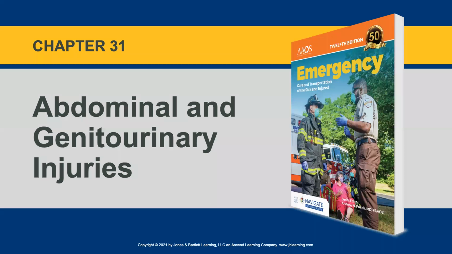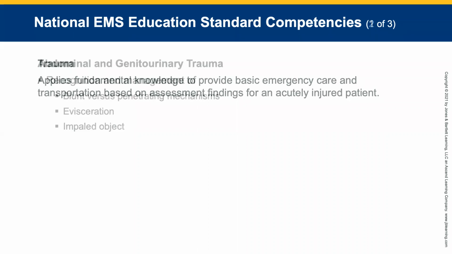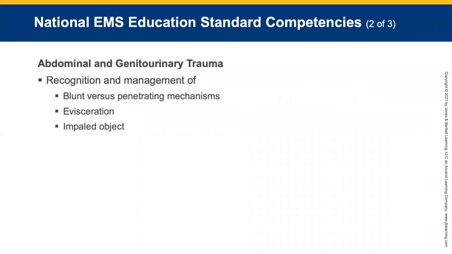All right, so we're going to delve off into this. We talked about this before. Trauma applies to the fundamental knowledge and provide basic emergency care and transportation based on assessment findings. We're going to go over tonight recognizing and management of blunt versus penetrating mechanisms. Evisceration, we're going to try to dive into that, let y'all know what an evisceration is, and then how to treat impaled objects.